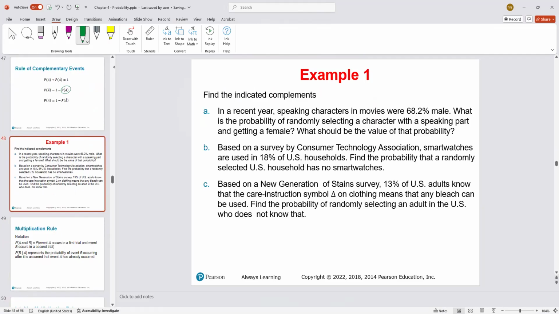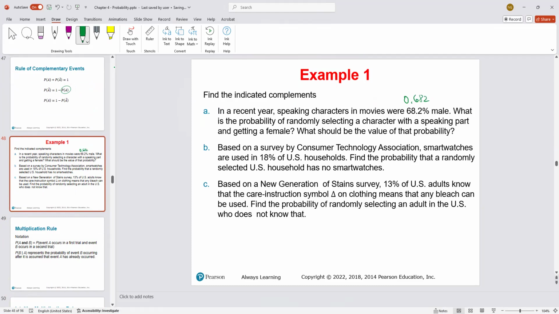Let's go with our first example. In a very simple example here, they said find the indicated complement. In a recent year, speaking characters in movies were 68.2% male. If you want, you can rewrite it as 0.682. That's fine too in decimal.